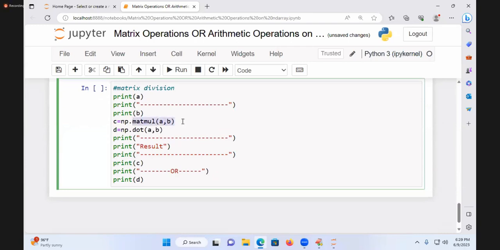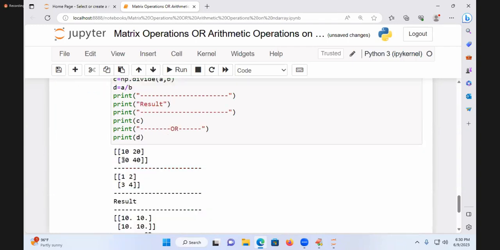Now I am writing divide of A comma B, and here I will write A slash B. Both the matrices I am writing.